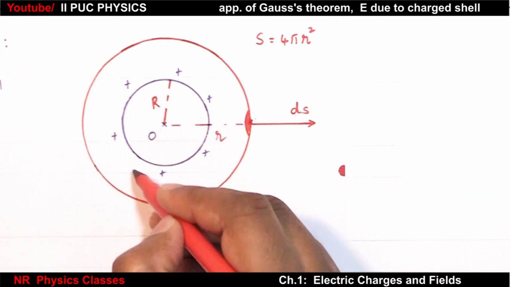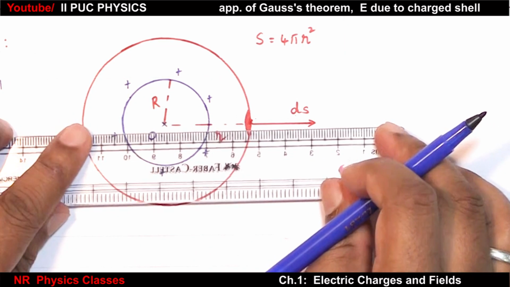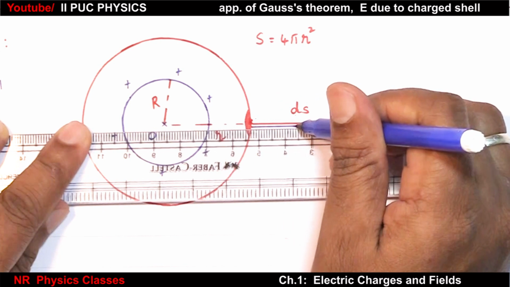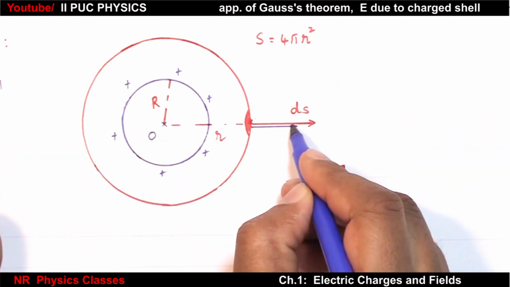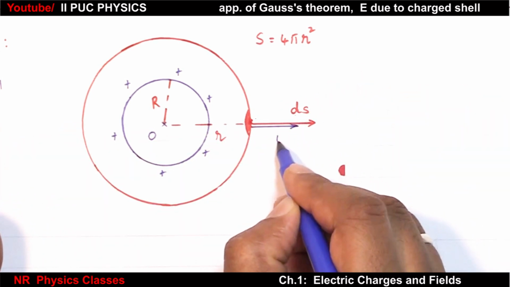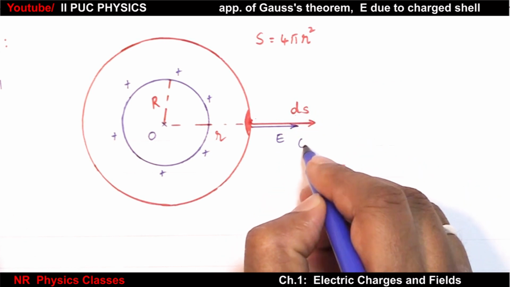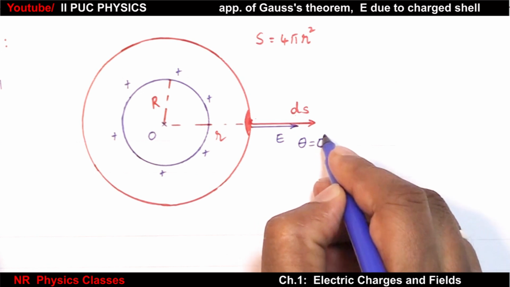Because of this positive charge, the electric field is also perpendicular. That we have also proved in one of the applications of Gauss theorem. So this is the electric field. The angle between electric field and area vector is 0, so theta equals 0 degree.